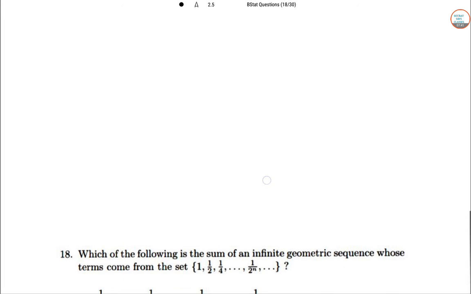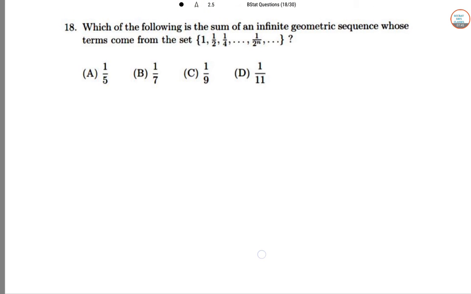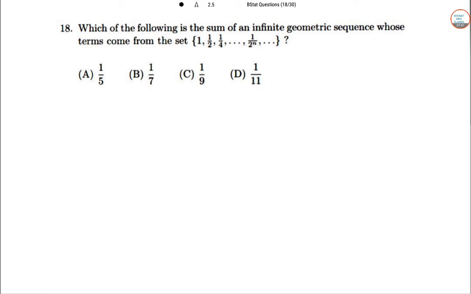Next one. Which of the following is the sum of an infinite geometric series whose terms come from the set 1, 1/2, 1/4, and so on?